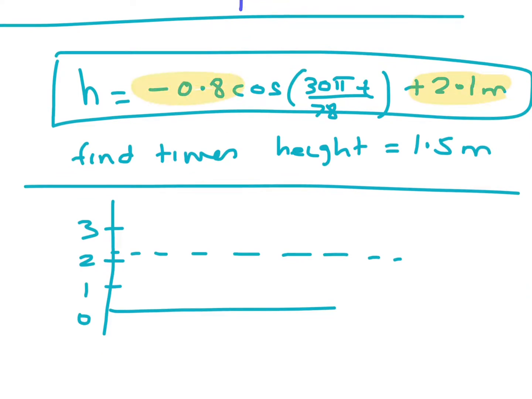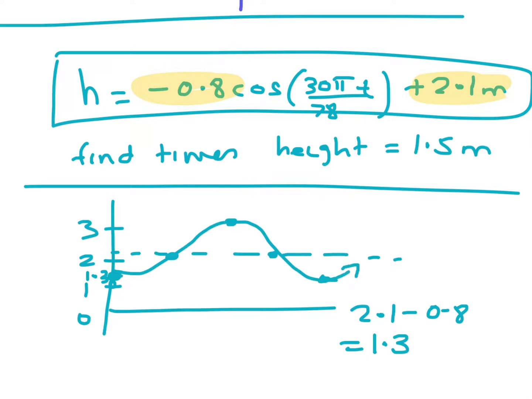It is a negative cos graph. So a negative cos graph will start, if you go 2.1 and you minus 0.8, that will be 1.3. So you go down to 1.3 and you start there, then you go up, then you go there, then you go there.